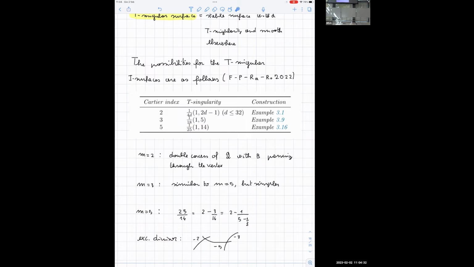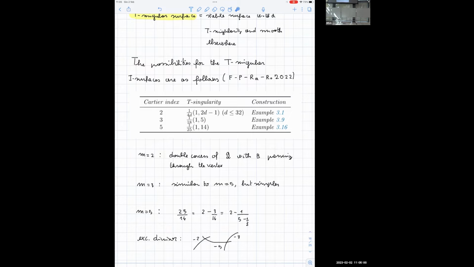Let me remark that this is not what you expect in dimension 1. By what I said, this is a codimension 2 stratum, and it's a specialization of 1 over 9, (1, 5), and then you can see 1 over 9, (1, 5) is not in the list, so that does not appear.